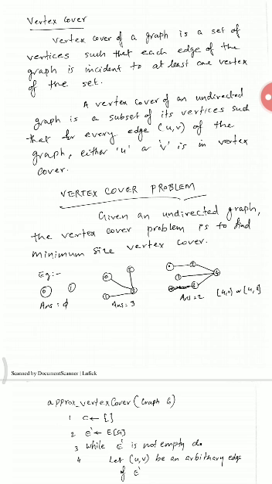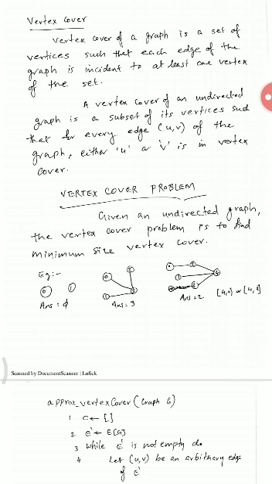Okay, we are considering optimization problems. Remember the list of exponential algorithms: 0-1 knapsack, then traveling salesman. All are optimization problems. You have to maximize or minimize.